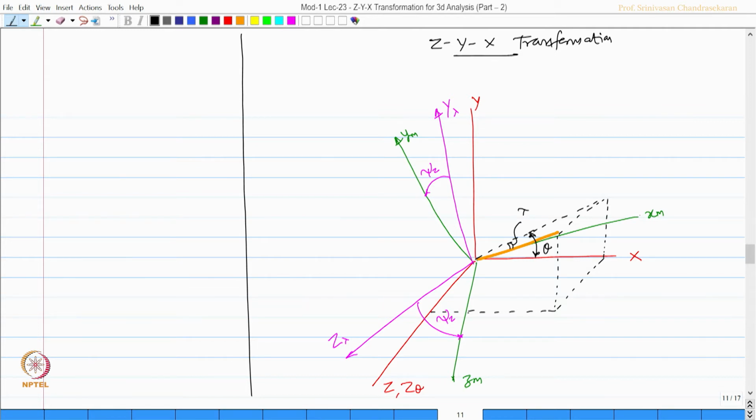So, let us view the site towards this direction. Now, I draw the cross section.